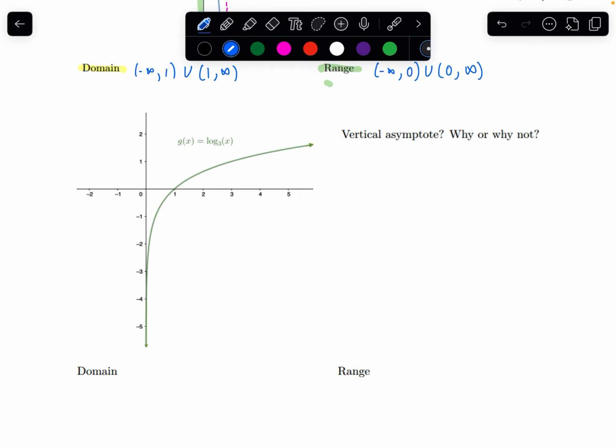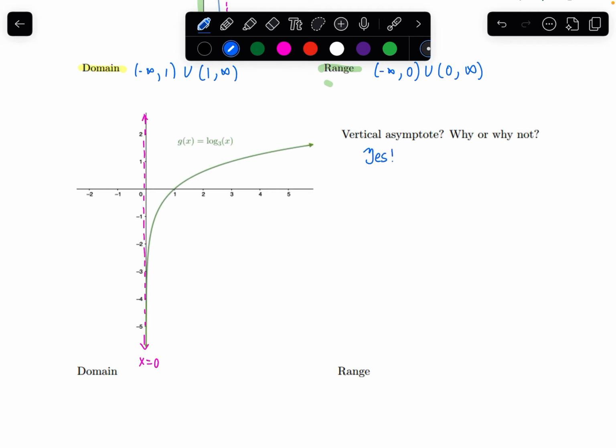Here is an example of a log graph, something we are going to develop. Does it have a vertical asymptote? As you can see, we have what we talked about. We talked about it kind of like a wall. So we got this wall along this dashed line at x equal to 0, right? And since our graph is taking off to negative infinity, the answer is yes.